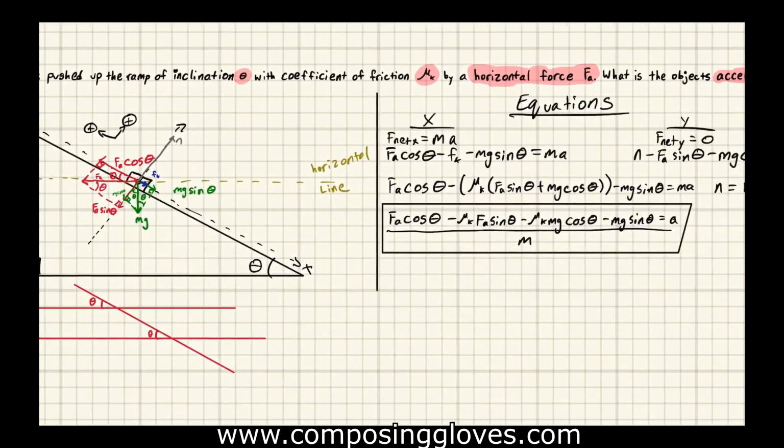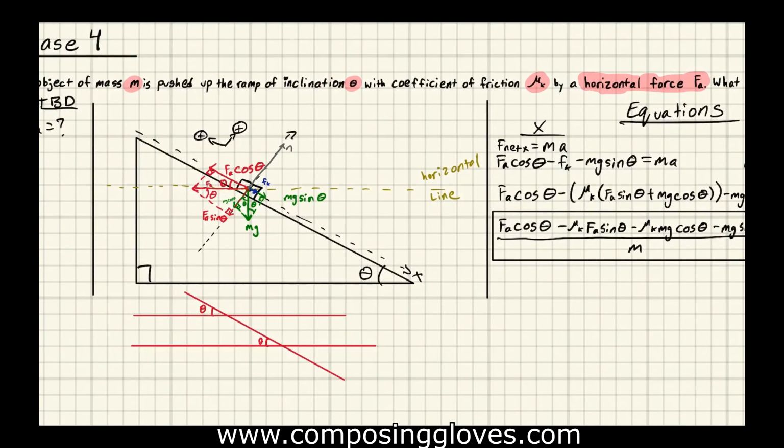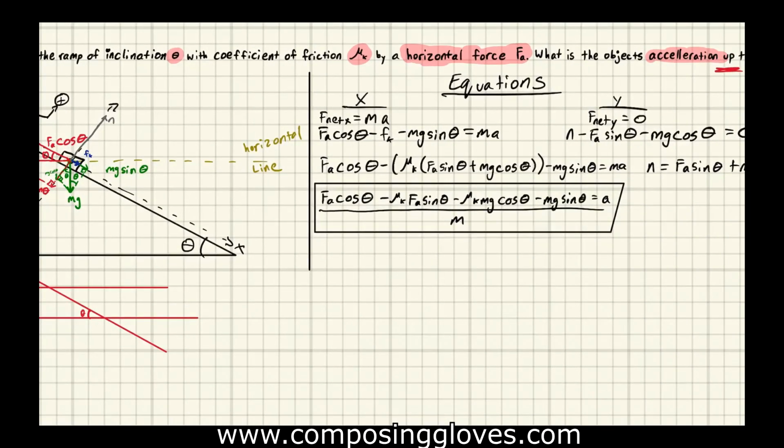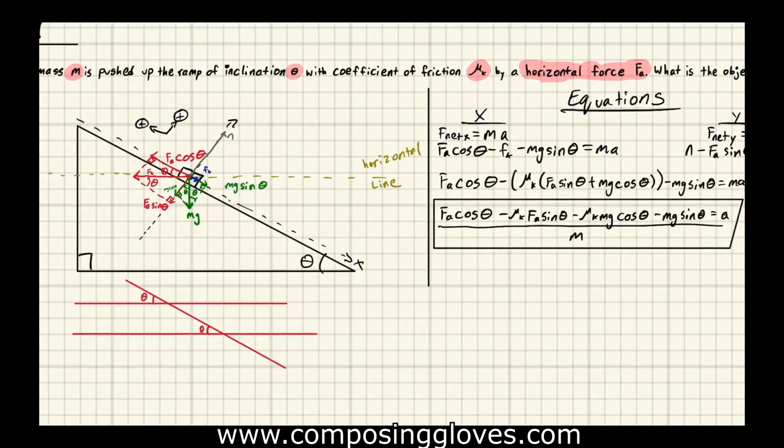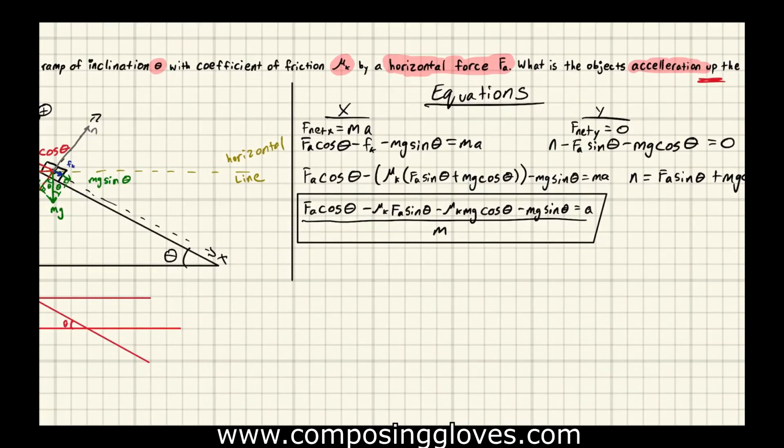FA sine theta is going downwards, and that was an integral part of how mu sub k affects our motion. The other part is mg cosine theta, which is also a force headed down. These two forces are related to our friction, so it makes sense.